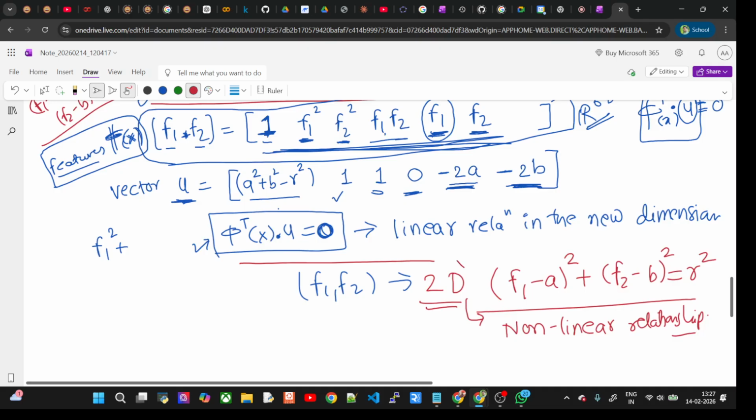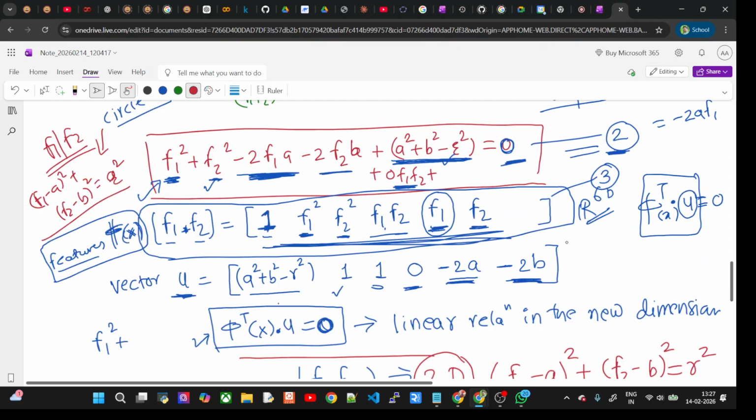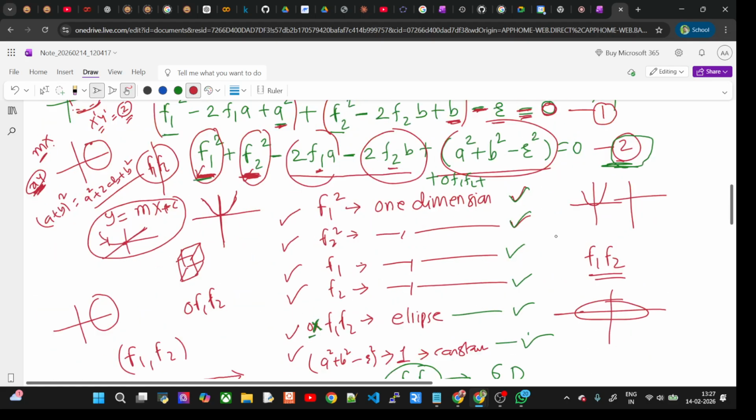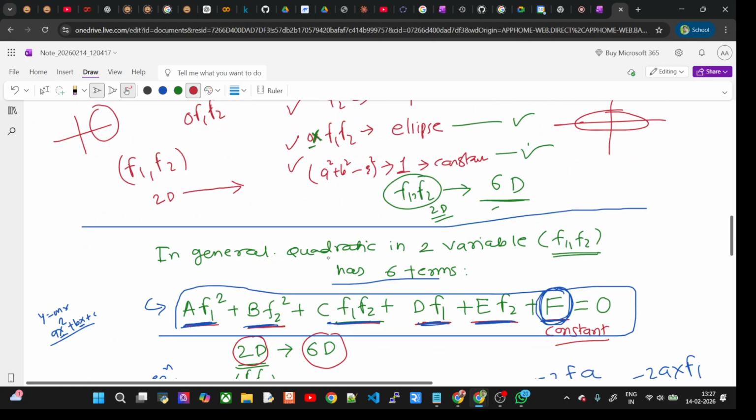Okay, in two dimensions. But if I go to 6 dimensions, why 6 dimensions? I can go to another also, but generally a quadratic in two variables f1 and f2 has 6 terms. That's why we go to 6 dimensions: a f1 square, b f2 square, c f1, d f1, e f2, f constant equal to 0. Those are the quadratic terms in the 6 dimensions.